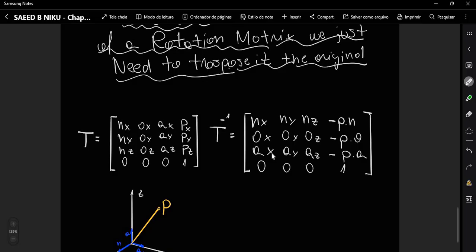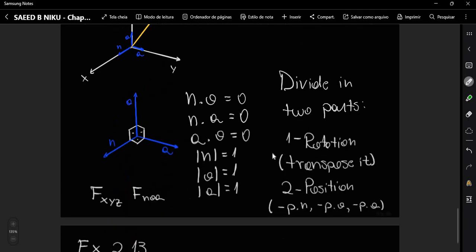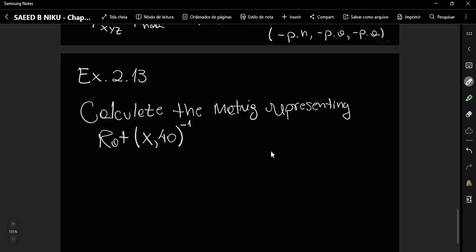Okay, so now we are ready to solve this example 2.13.